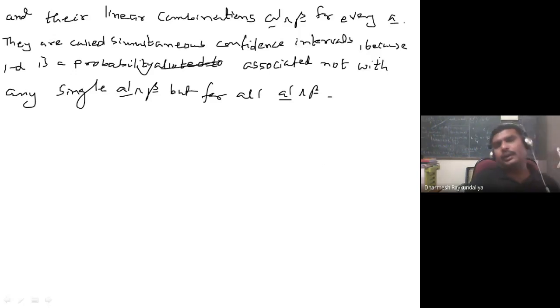So it is simultaneous because the 1 minus alpha probability is not associated with a single confidence interval. It is all possible confidence intervals of a dash lambda beta.